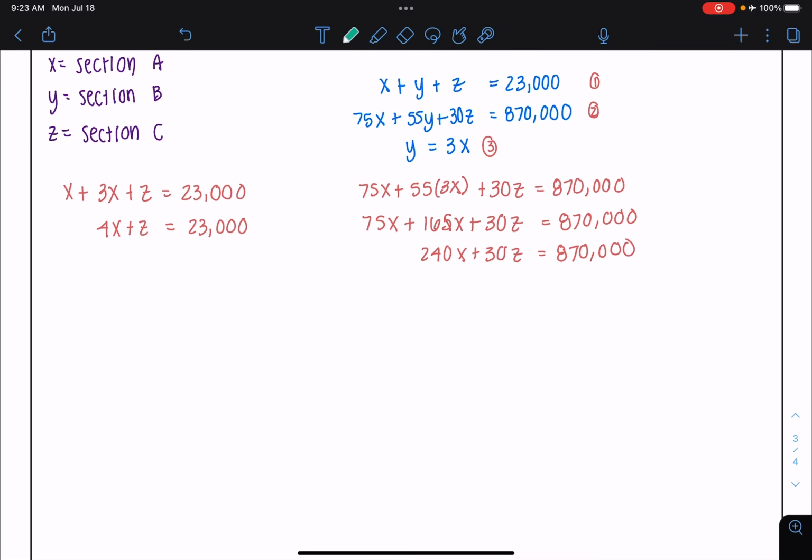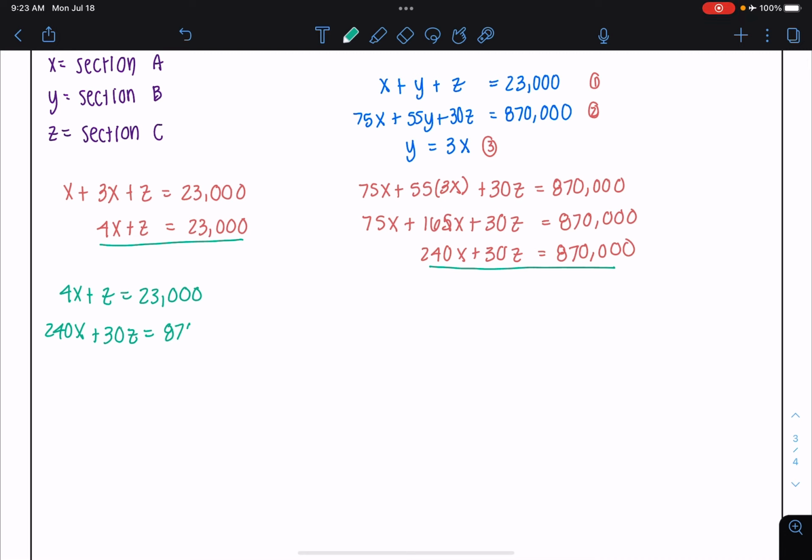So now I have a new system that's in 2 variables. And so now I can go ahead and solve this new system for X and Z. So I have 4X plus Z is equal to 23,000, and 240X plus 30Z is equal to 870,000.